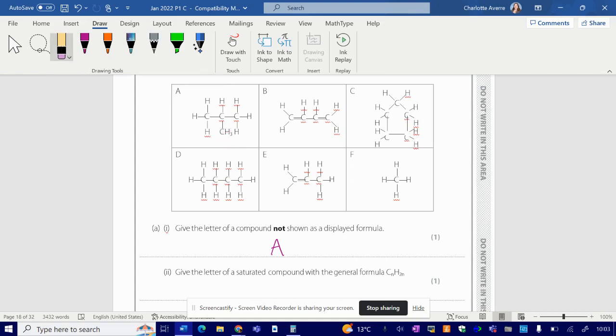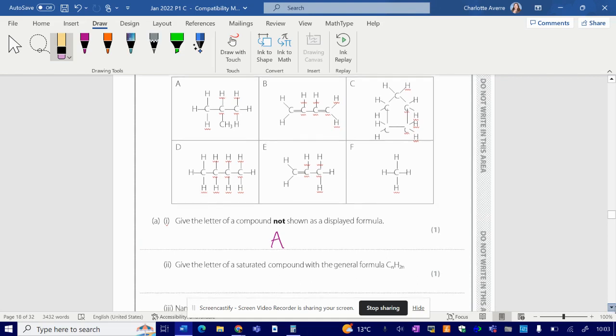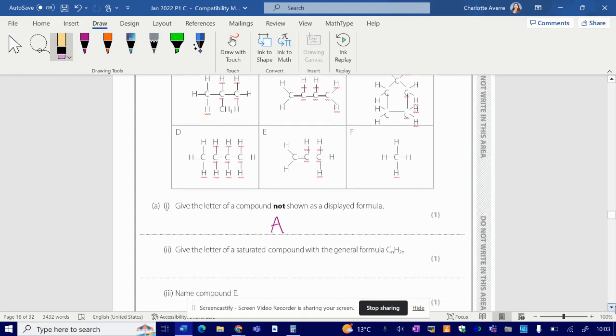Okay, give the letter of a saturated compound with the general formula CnH2n. Now, they're trying to trick you here. They're trying to make you go for E, because E is obviously an alkene, and you know that alkenes have got that formula.